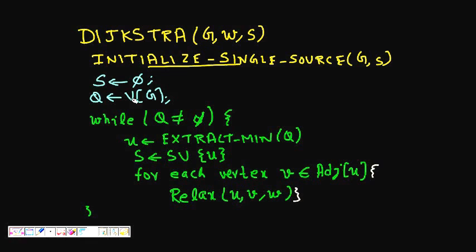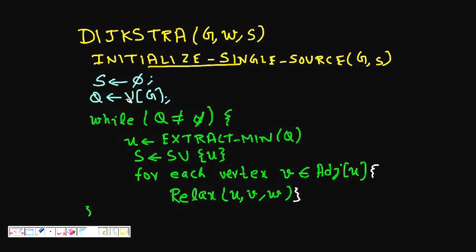Now S is the set of all nodes for which we have already found the shortest path. Initially it is an empty set, and as we progress, we will put the nodes of the graph in S.